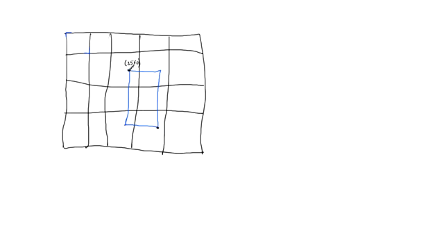Now, given the position of any point, we can figure out which tile contains that point simply by dividing by the width and height of a single tile in the tile map. So, for example, let's say width equals height equals 25.